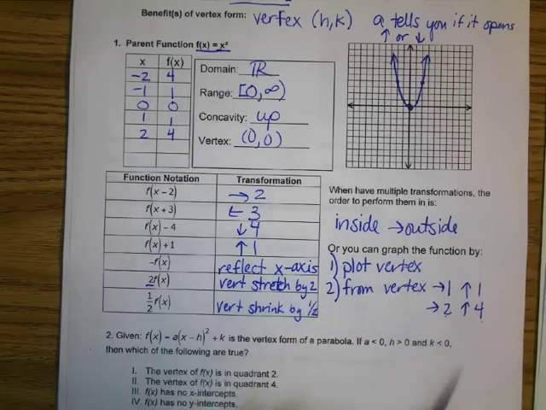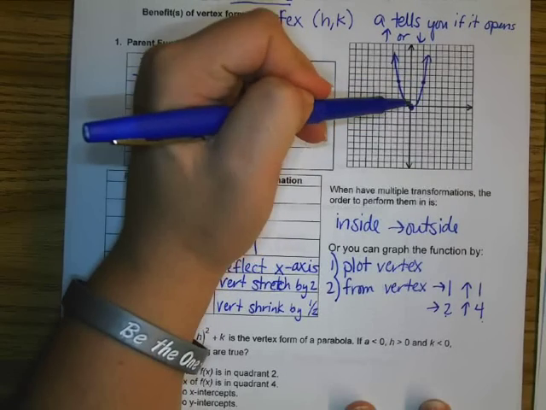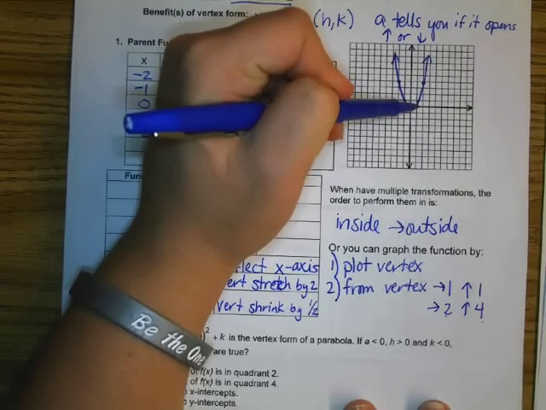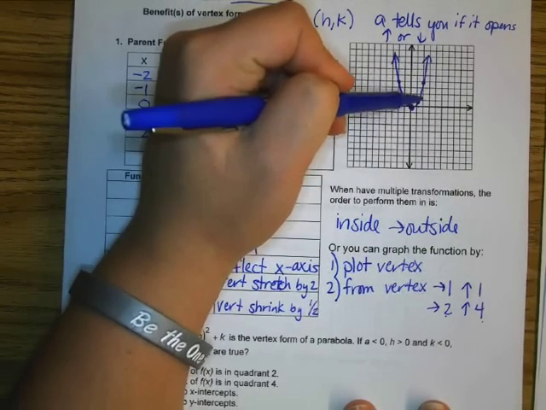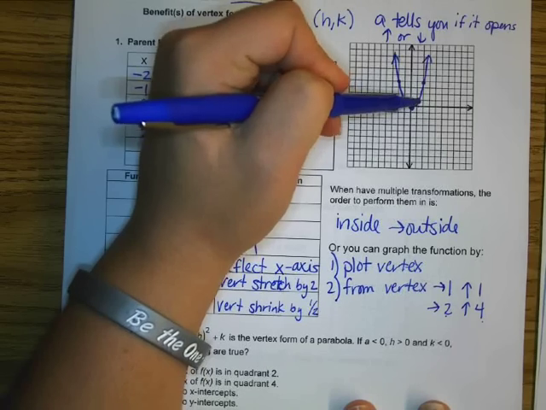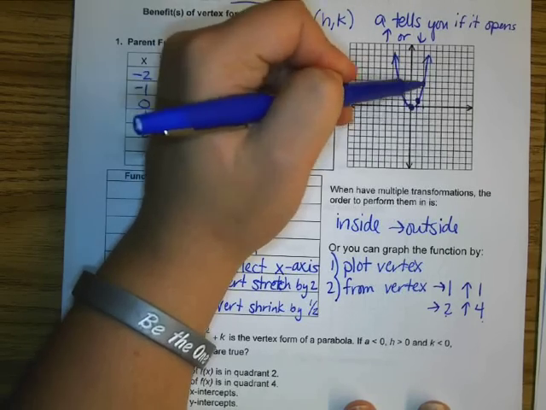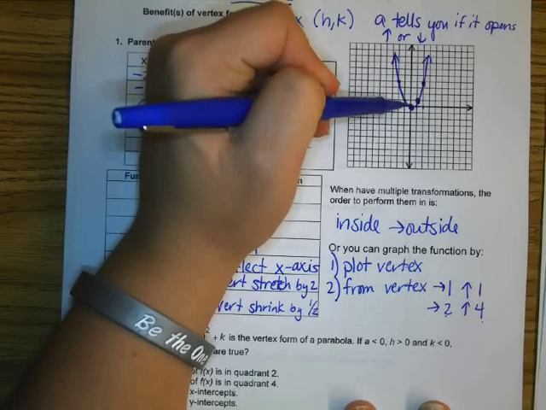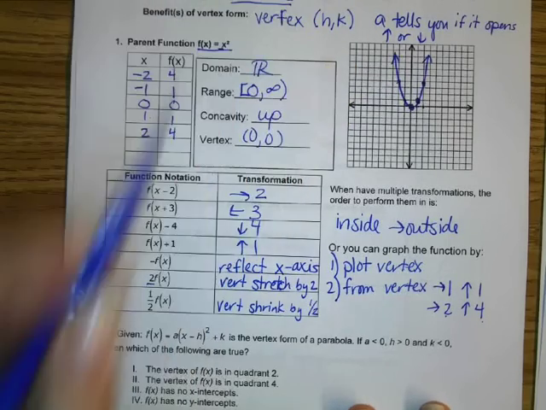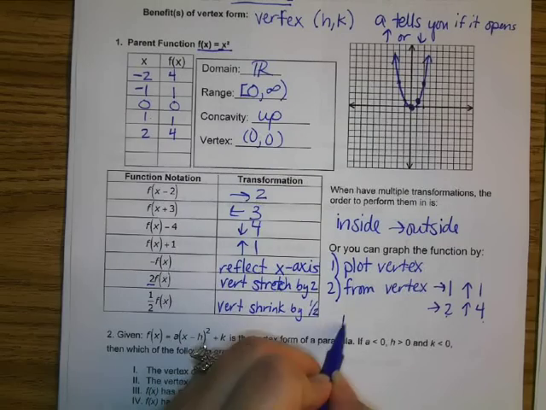Over 2, 2 squared is 4. So if we look back at the picture, starting at the vertex, over 1, up 1 is a point. Over 2, up 4 is a point. And the same in the other direction: over 1, up 1, over 2, up 4. And then use symmetry.